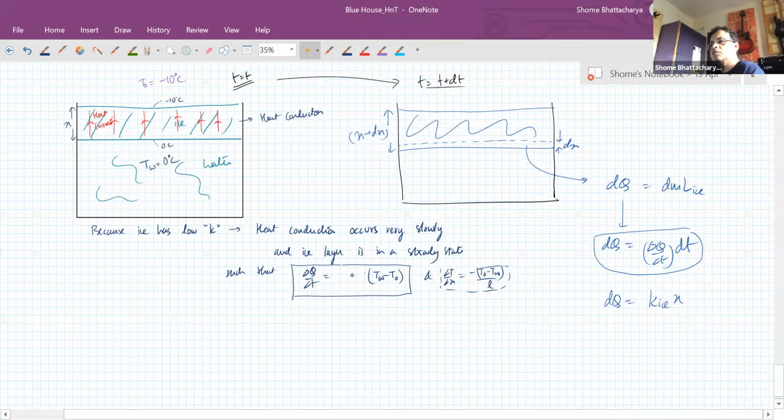So that is the heat current. It will be 10 degrees C because this temperature difference will be 10. Into dt. So this extra layer of ice that is formed is related like this.